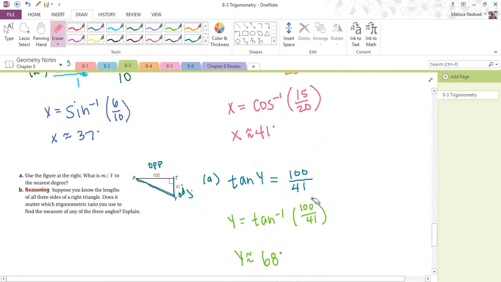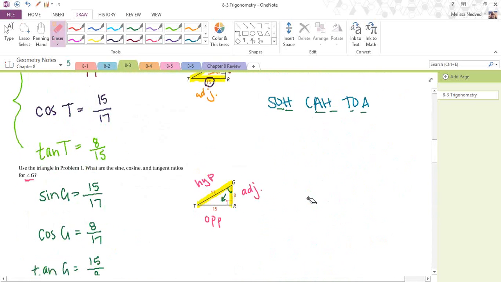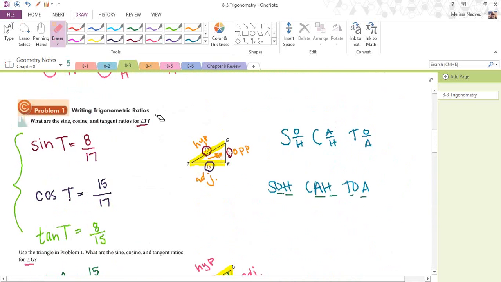Just like we did in problem 1, where we were setting up our trig functions, we could set it up for sine, cosine, and tangent for angle t. Any of these functions, if I solved for t, would give me the same value. Let's do that quick. t is going to be equal to the inverse sine of 8/17.